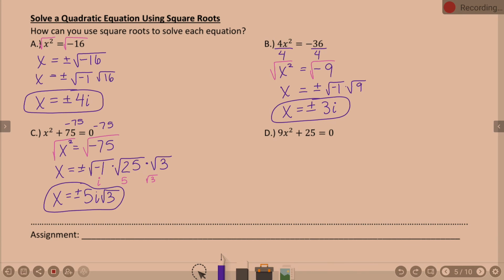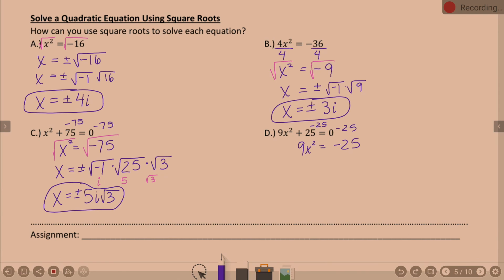One more. D. We're working to get x squared by itself, so we're going to subtract the 25 over. So then I have 9x squared equals negative 25.